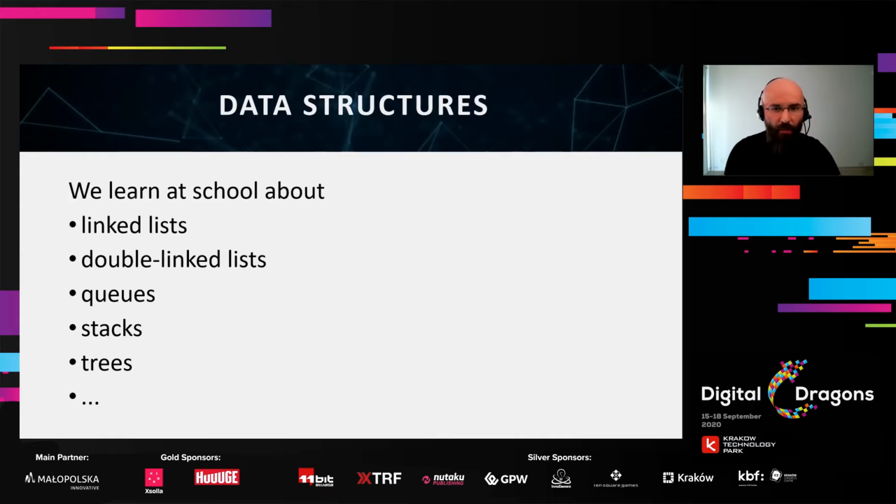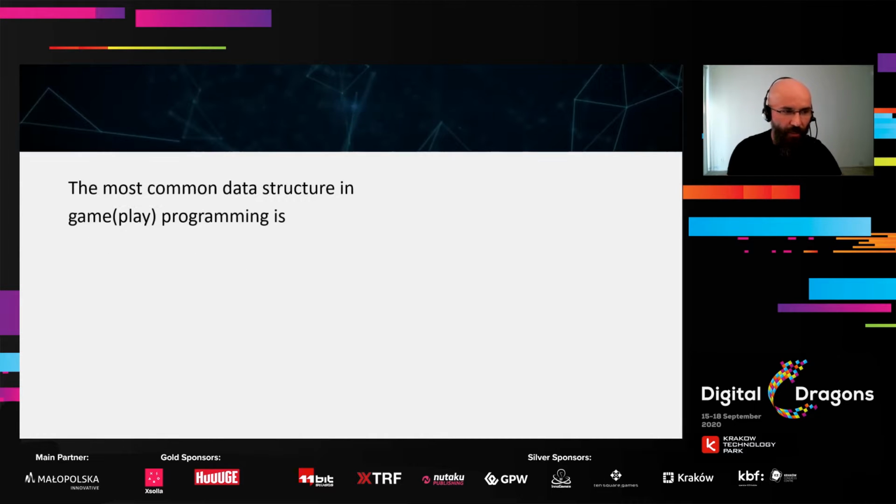When we learn at school about different data structures, usually we start with linked lists, double linked lists, then go to queues, stacks, trees, graphs, and there are even more complex data structures. But actually, the most common data structure in game or gameplay programming is just an array.